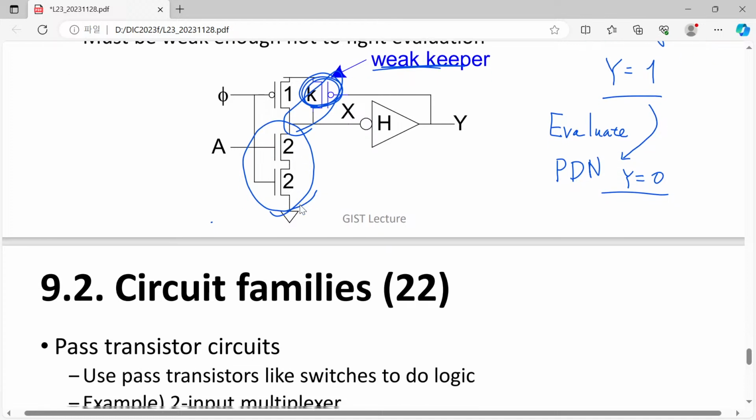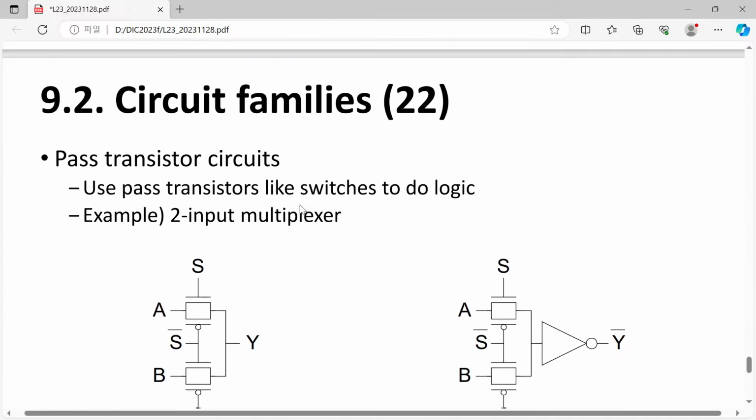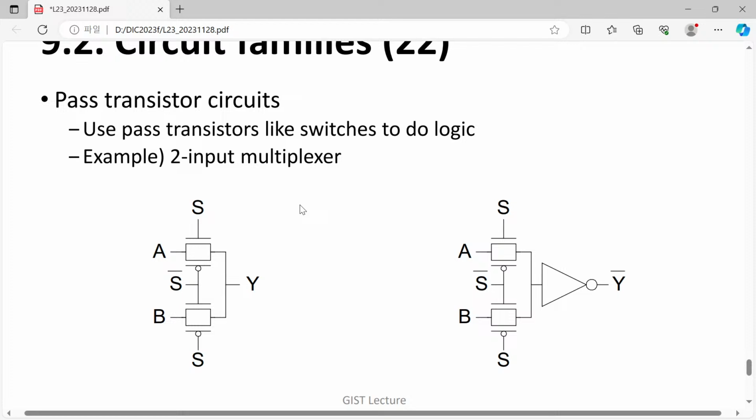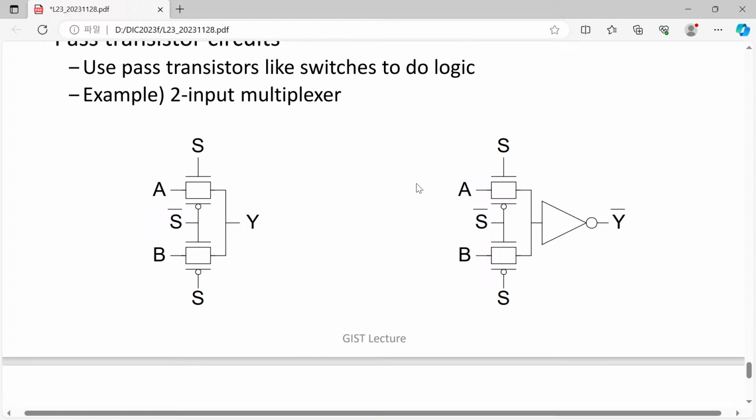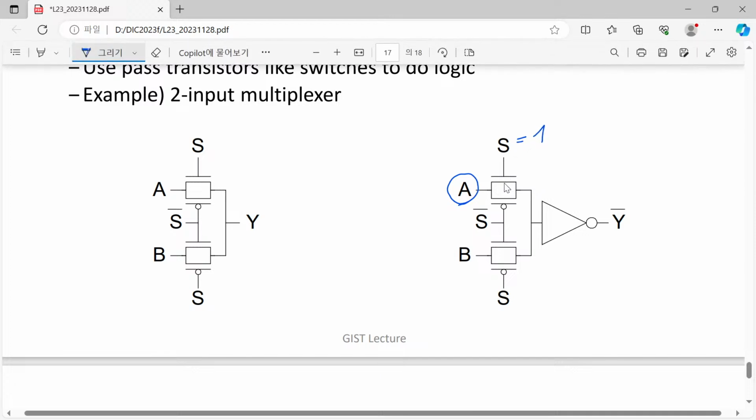Okay, we have the last slide for pass transistor circuits, but that is not that practical these days, so just to have a look at this one. Here we have a 2-input multiplexer, and when S equal to 1, then this NMOSFET is turned on and this PMOSFET is turned on.